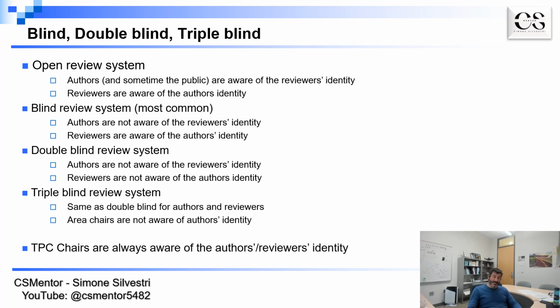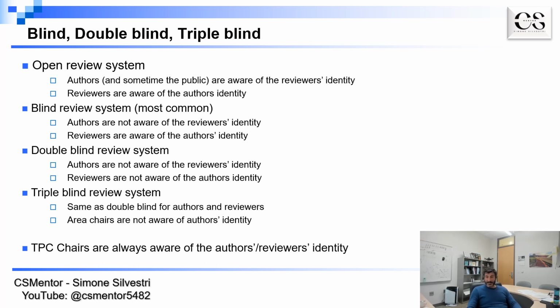And in some cases, you even have the general public knowing who the reviewers are that reviewed that specific paper. This is something that is not that common yet, but it's getting a little bit more common with time and with certain types of review systems. Then there is the blind review system, which is probably the most common, in which basically the authors do not know the reviewers, but the reviewers know the identity of the authors.